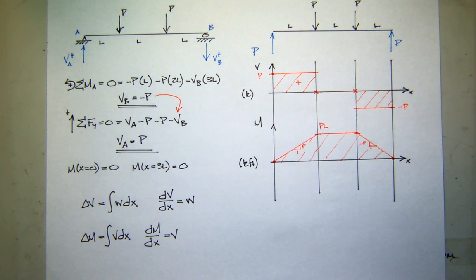What's the maximum moment in the beam? Where does it occur? Between L and 2L. Does that look familiar to you guys? Think way, way back to the spring of the freshman class you took. Does it now look familiar? If you took that class.